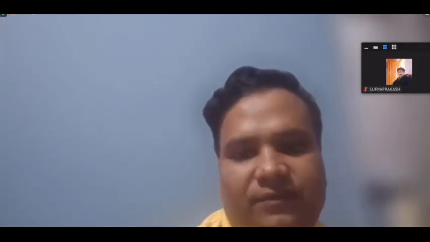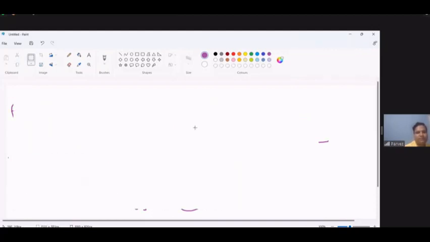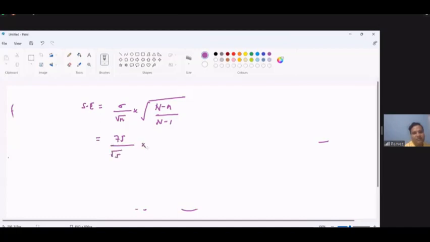You can apply the second formula because it is a finite population: sigma by root n into the square root of capital N minus small n divided by capital N minus 1. Sigma is 75, so 75 by root 5 into the square root of 20 minus 5 divided by 20 minus 1.